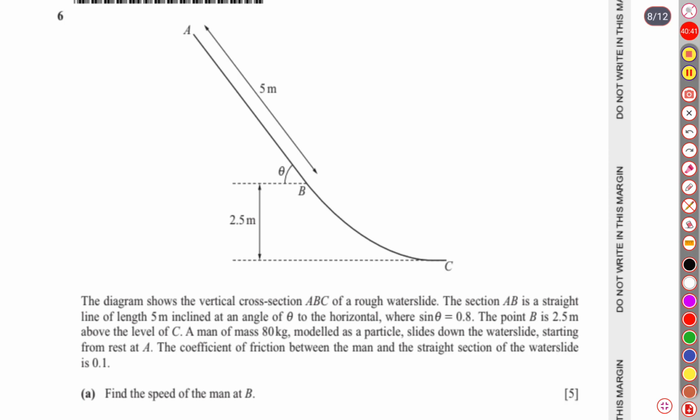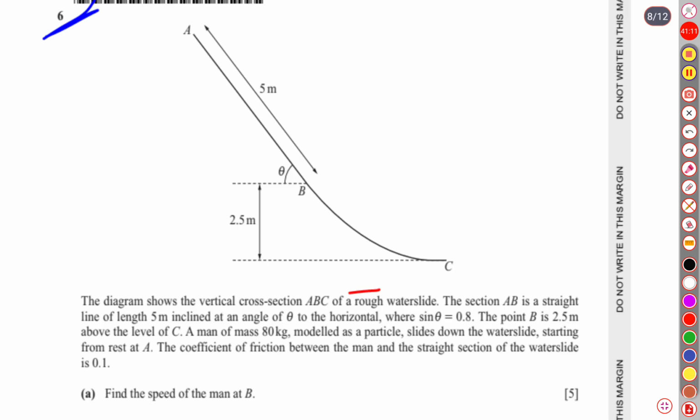The next question has also been selected from the same paper, 9709 slash 42 for the session May June 25, and it is question number 6. It says the diagram shows the vertical cross section ABC of a rough water slide. This is a rough surface.